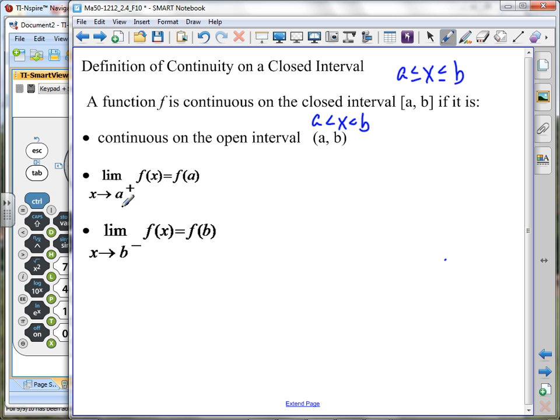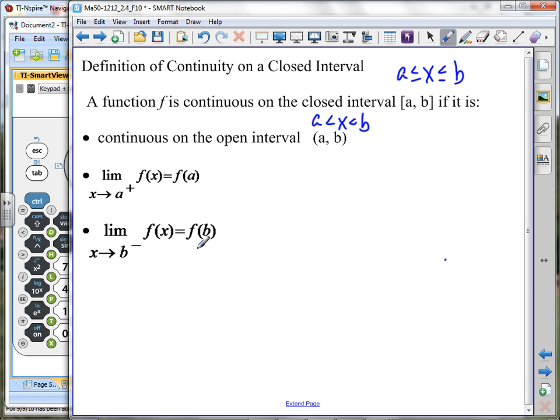If the limit as we approach this endpoint from the greater than side is f of a, and if the limit as we approach this side of the interval from this direction, the less than, is equal to f of b.